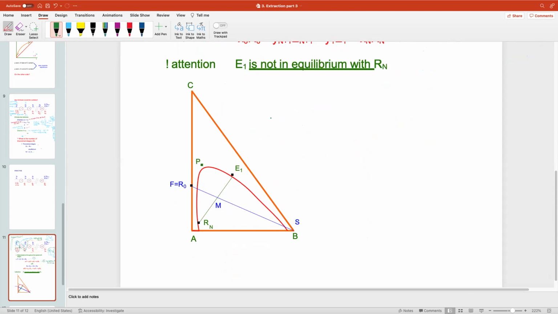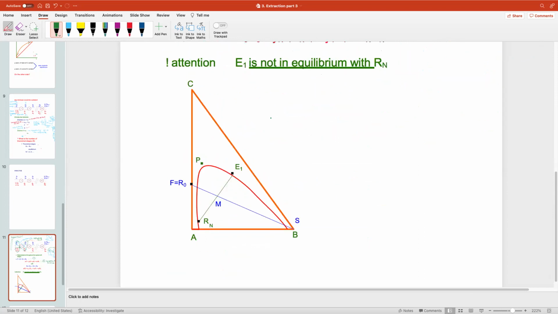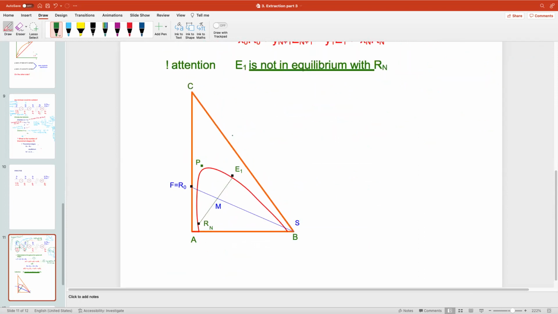So here, for example, this is a triangle diagram. This is the solvent, for example B, and then also the feed, or equal to raffinate 0, and then it ends up with, let's say, the extract, the higher one, and also the raffinate.